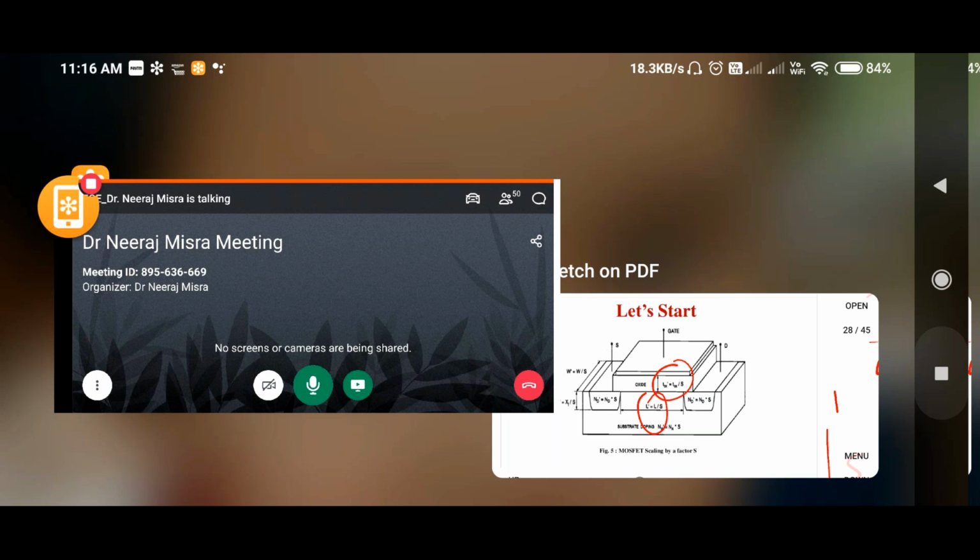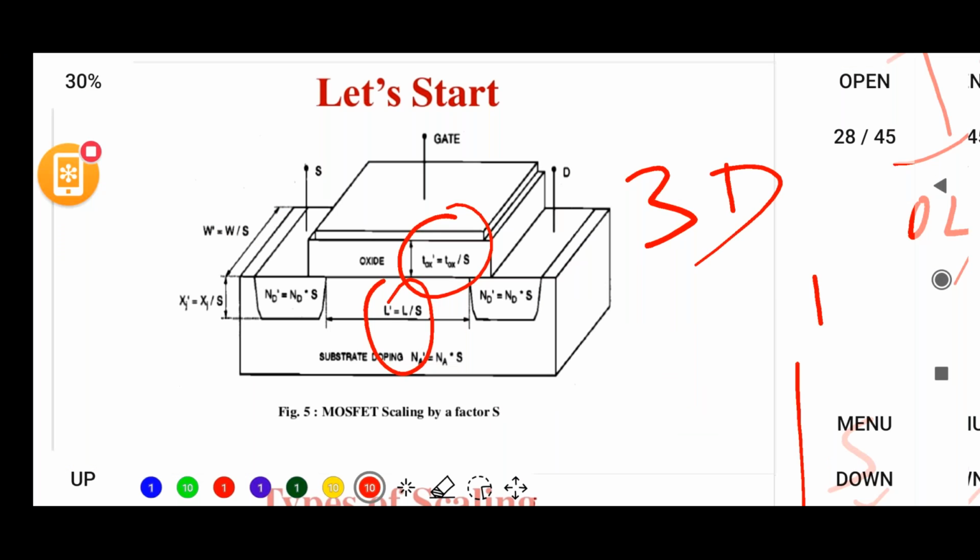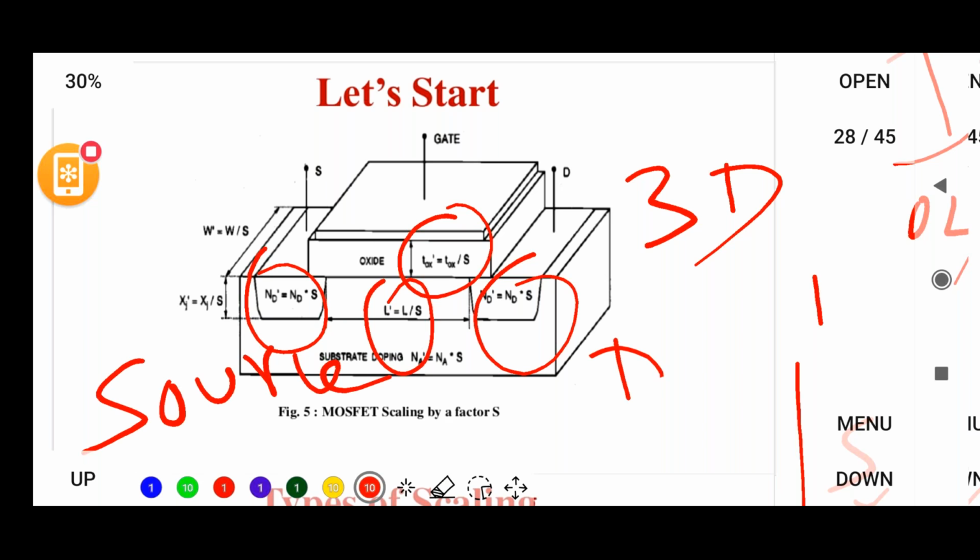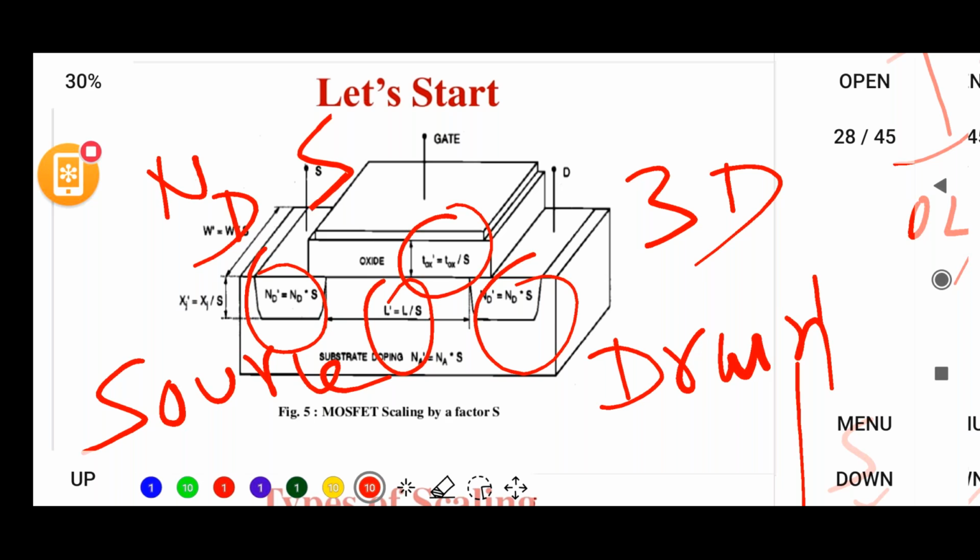You see here in this 3D structure, more doping is required both on the source side and on the drain side. In the source there is a doping, that doping may be ND, multiplied by S. This doping concentration is increased because here the compensation is required.